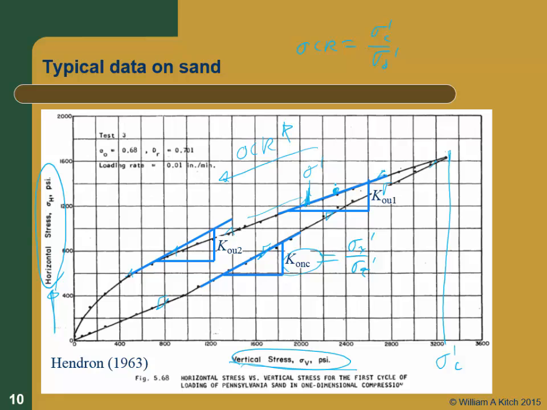So at some other point here, point 2, this is point 1. At point 2, this is my tangent, and that's K naught unloading at point 2. And what's the OCR at 2 compared to the OCR at 1? So I have OCR 1, OCR 2. What's the relationship between those? Which one of those is more over-consolidated?